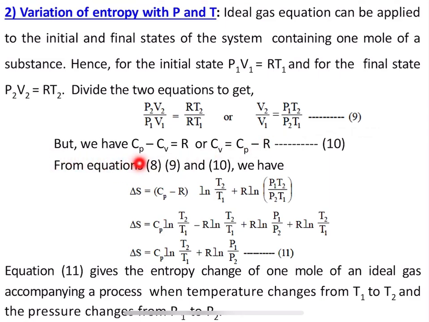But we have Cp minus Cv equals R, or it can also be written as Cv equals Cp minus R. From equations 8, 9 and 10, if we substitute the values of Cp and Cv, we get delta S equals Cp minus R ln T2 divided by T1 plus R ln P1 T2 divided by P2 T1.